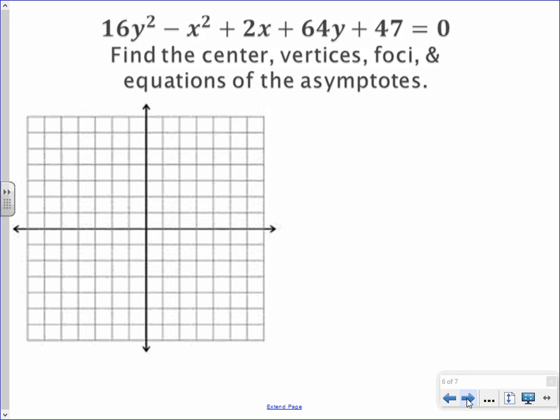All right, we're going to need to complete the square just like we did yesterday with our ellipses. So we're going to take a similar strategy. We need to group the y's together and then the x's together, and that 47 needs to be on the other side.